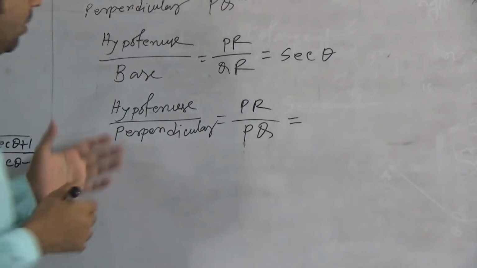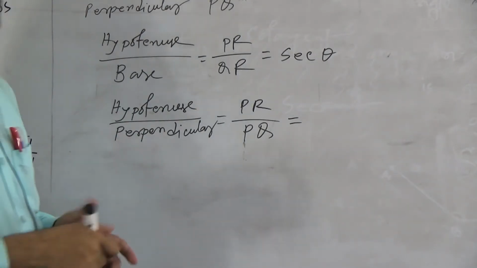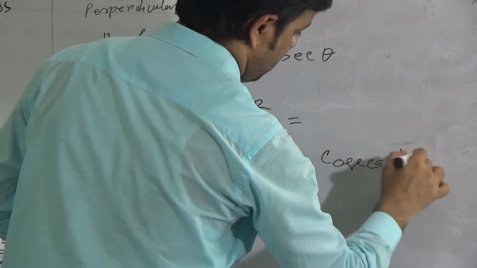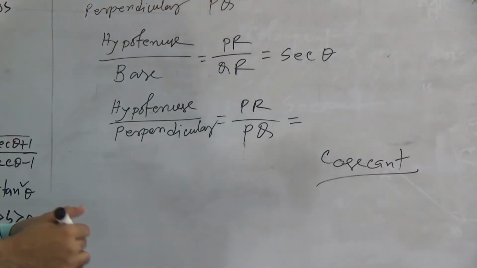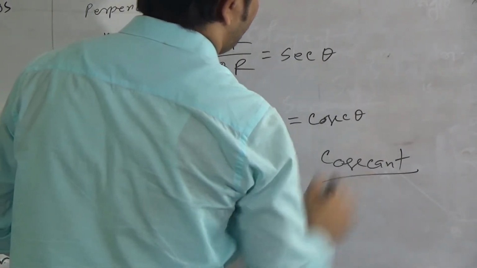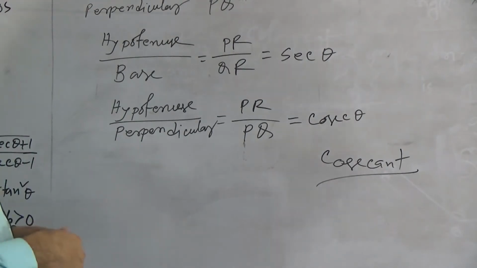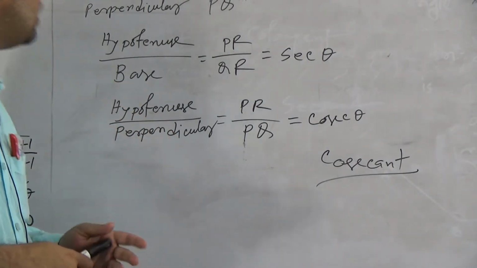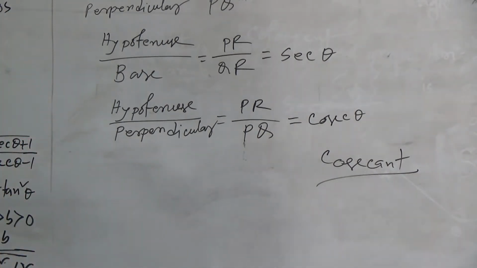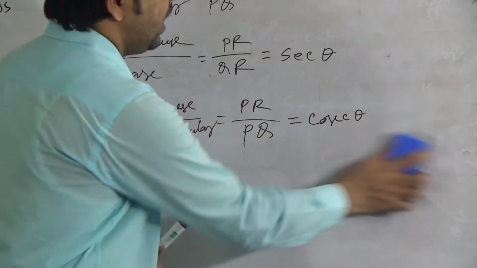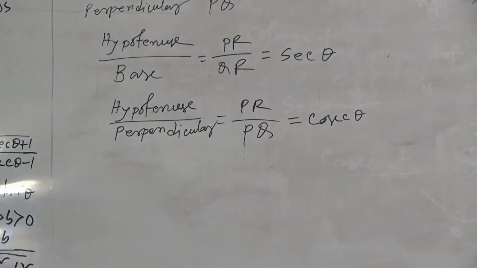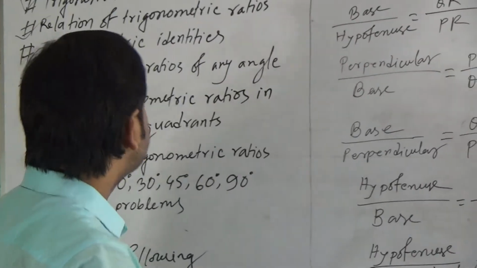So this ratio is known as cosecant of angle theta. In short, we can write cosec theta. Okay, dear students, so we have discussed 6 ratios of acute angle. Now we have done the first one, now I will do the second one, relation of trigonometric ratios.